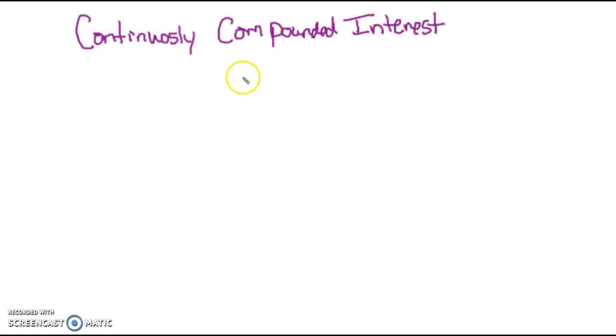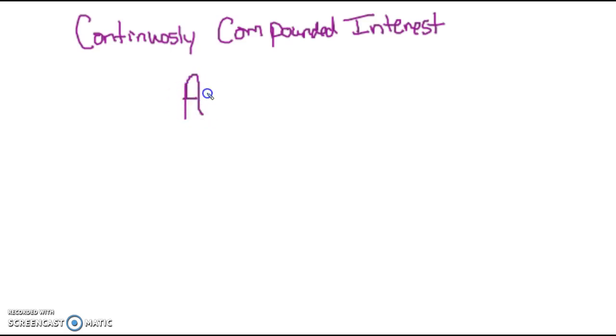Pull it back together. I got a couple more minutes, guys. Continuously compounded interest is a formula that there's a good chance you could see on your exam. It's called PERT. PERT is what we always use. That's what they always call it.